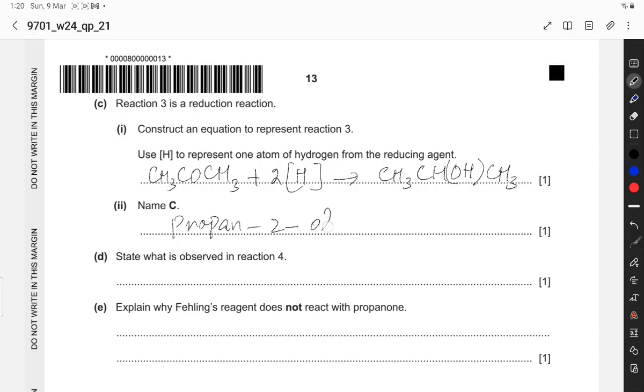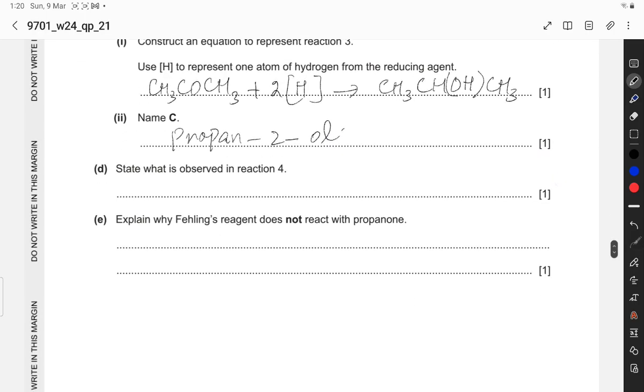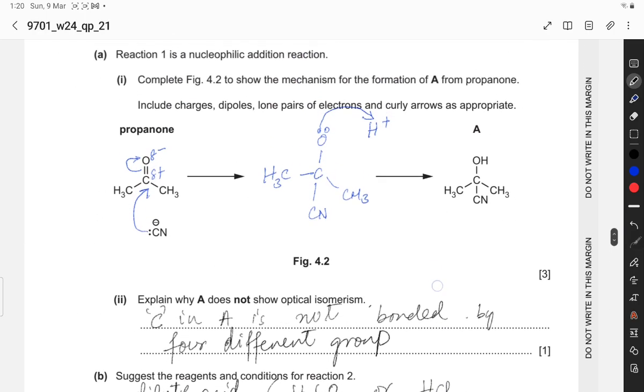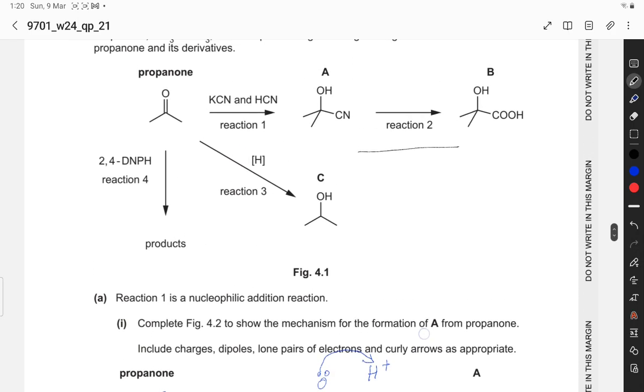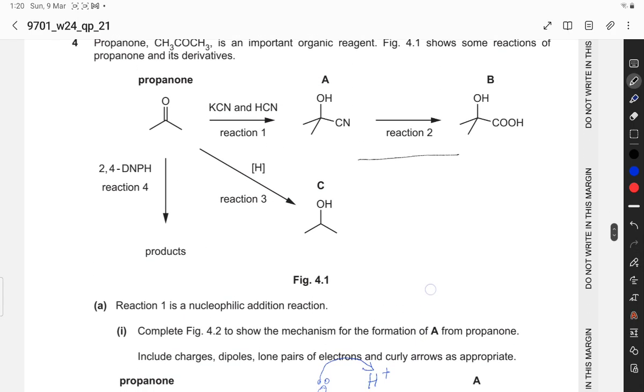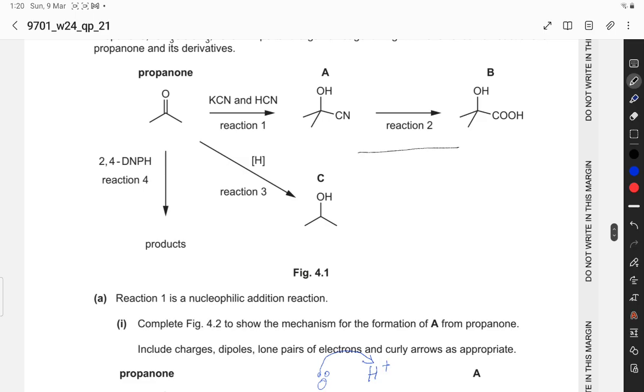State what is observed in reaction 4. So this is propanone, and propanone reacts with 2,4-DNPH. This is the test for a carbonyl compound.